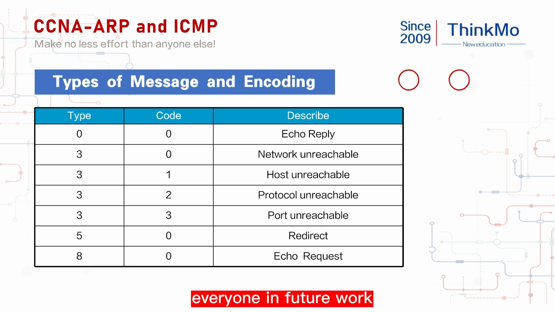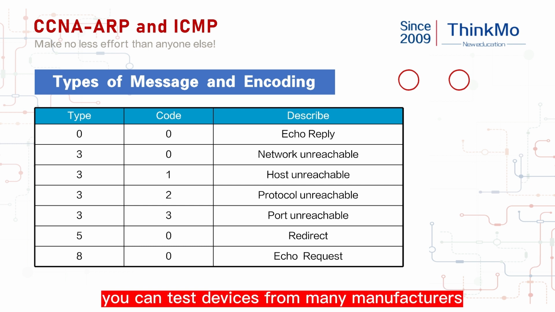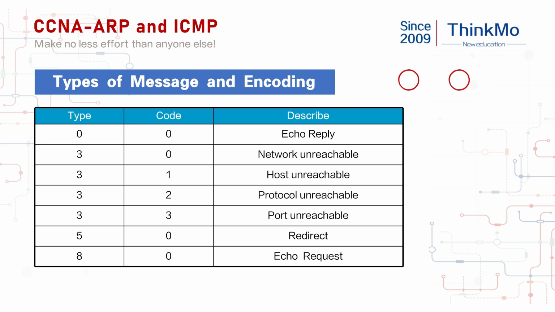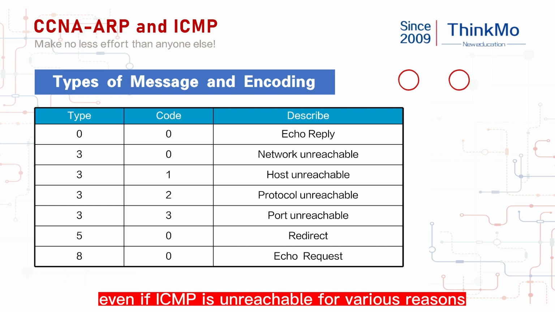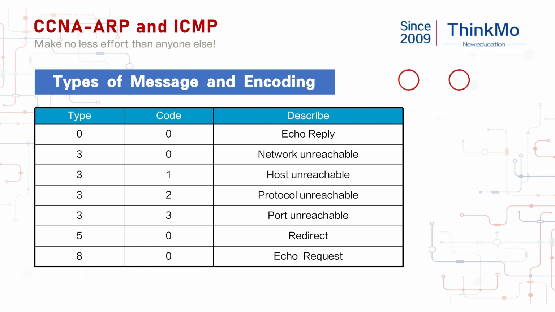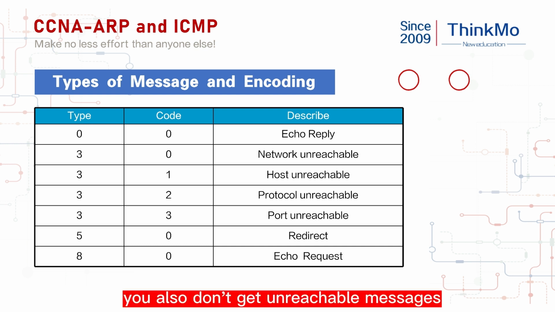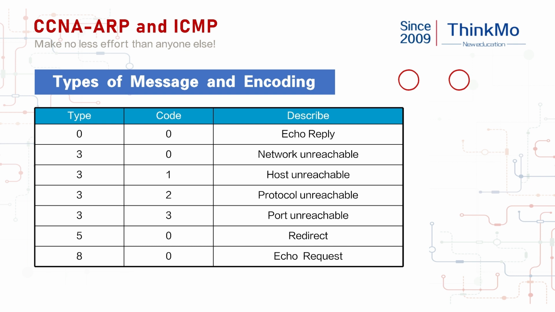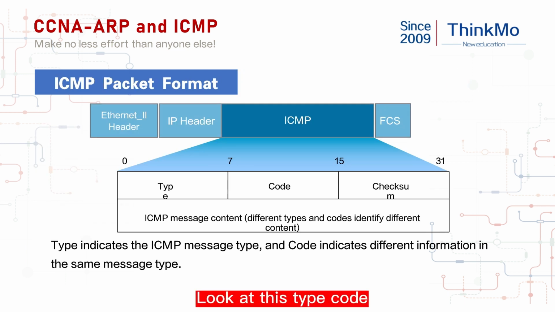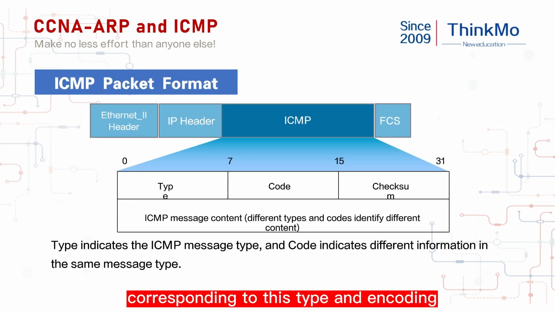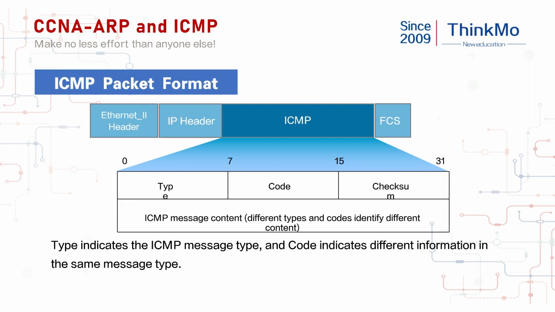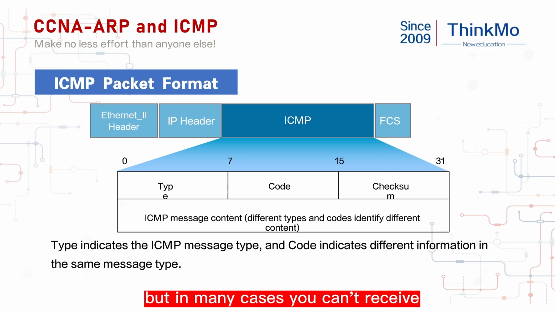Everyone in future work can test devices from many manufacturers. Even if ICMP is unreachable for various reasons, you also don't get unreachable messages. It will not receive ICMP packets. There is a code value inside. Look at this type and code, corresponding to this type and encoding. In theory, you will receive an ICMP message, but in many cases you can't receive it.